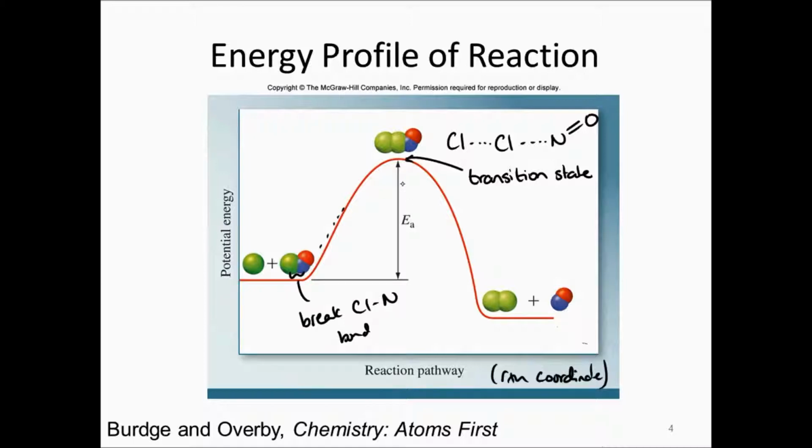It's called the activation energy. Note that no matter whether the reaction is endothermic or exothermic, the activation energy is always going to be positive because it's always an energetic cost to start breaking those bonds in the molecule. Otherwise, we'll always have product.